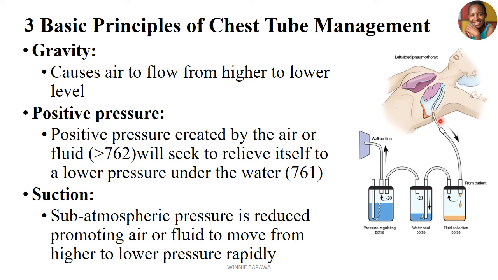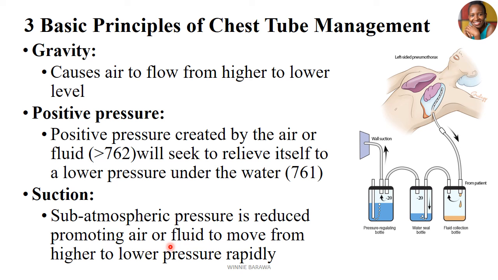This leads to a buildup of pleural pressure, which becomes higher than the atmospheric pressure, and because of this it tends to push the content out. That's when it can easily collect in the collection bottle for the chest tube.